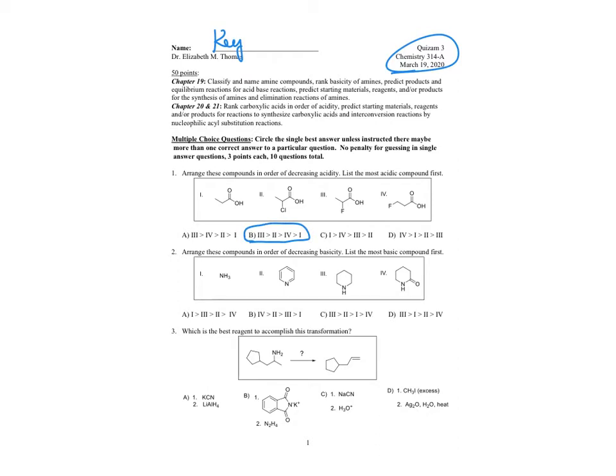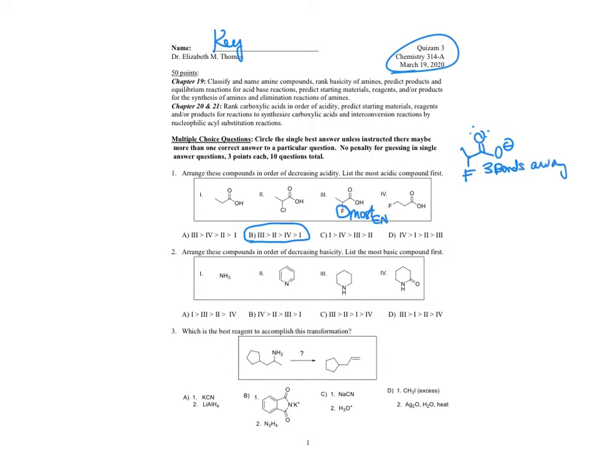So the first most acidic compound is the one with the fluorine, which is the most electronegative, and it is literally three bonds away from this oxygen here. So if you were to draw its conjugate base, you see that it's 3 bonds away.